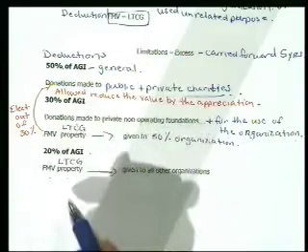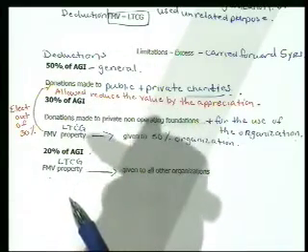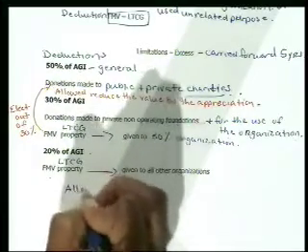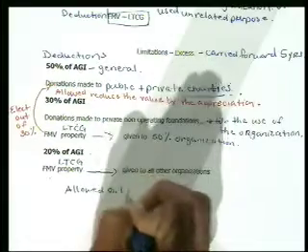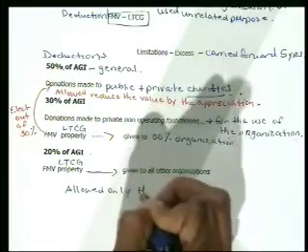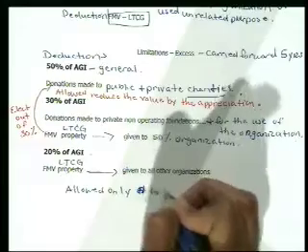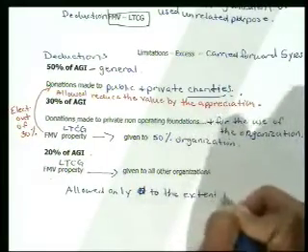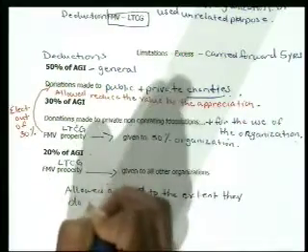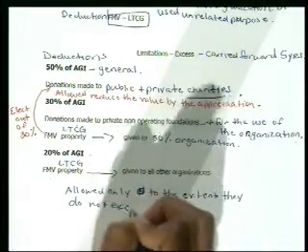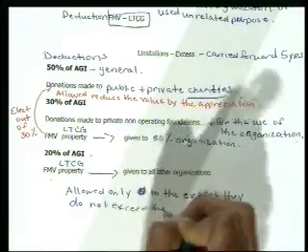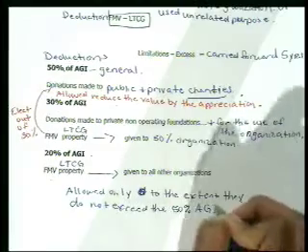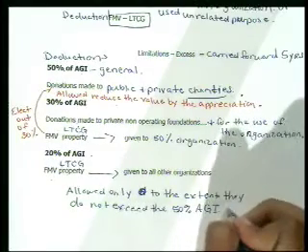Now, all these deductions, be it 50%, 30%, 20%, are allowed only to the extent they do not exceed the 50% AGI limit.